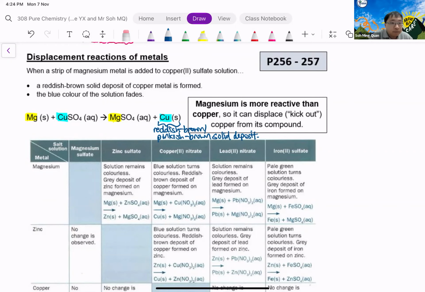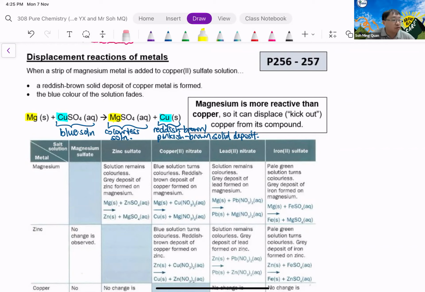Then how about the color of the solution? At first, copper 2 sulfate, with copper 2 plus, is a blue solution, but magnesium sulfate is a colorless solution. So the color of the solution changes from blue to colorless. That's why we say the blue color of the solution fades.